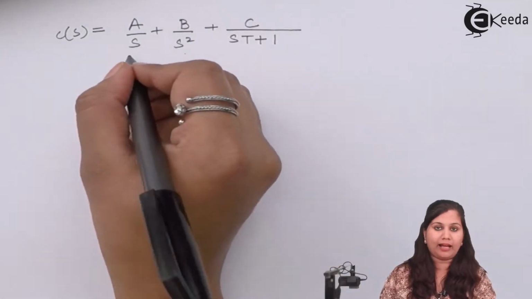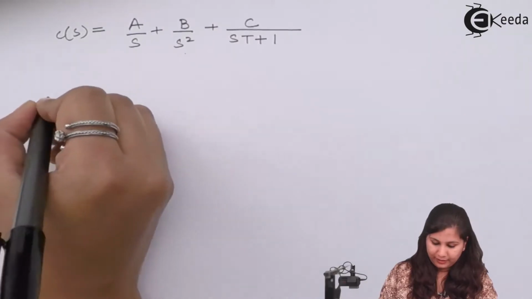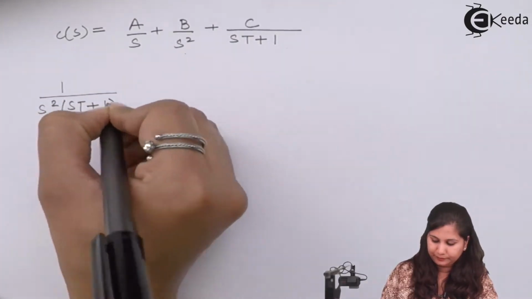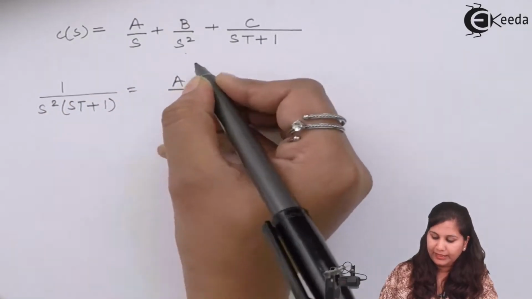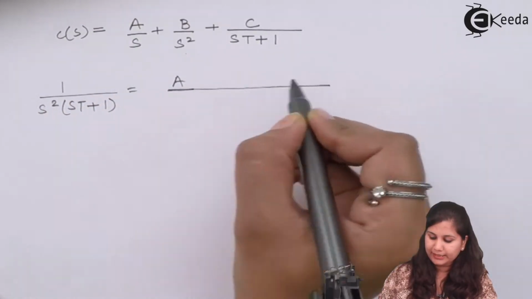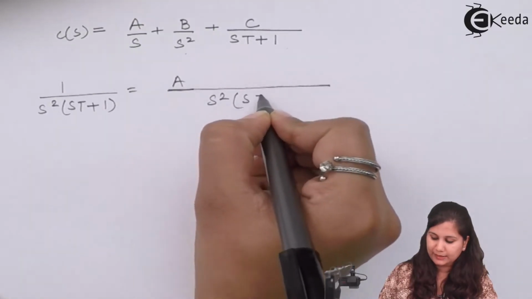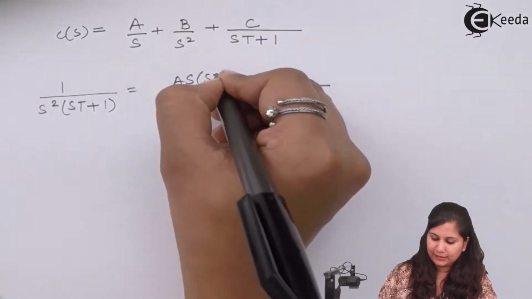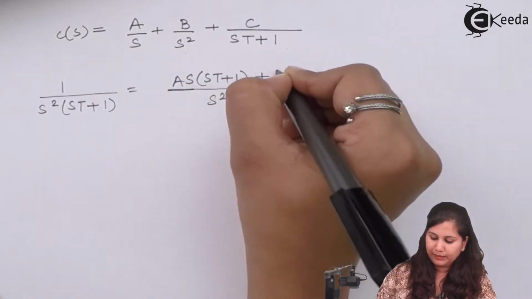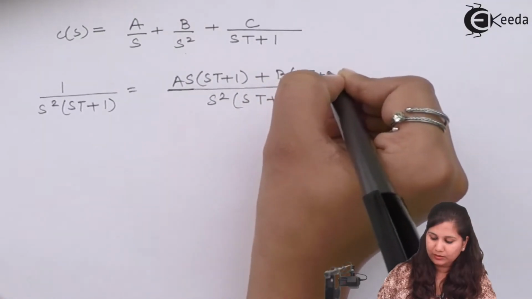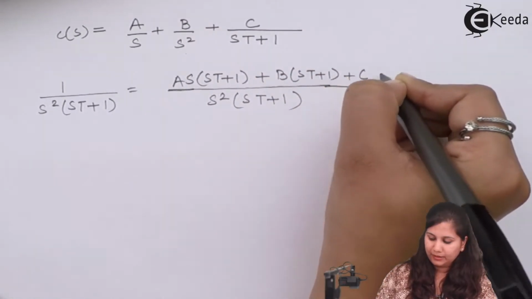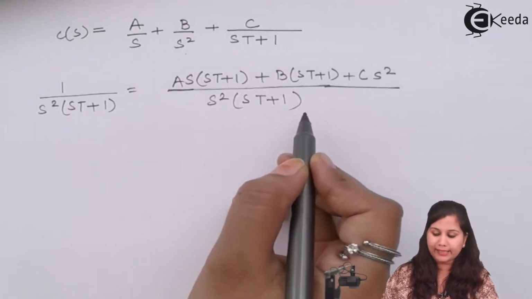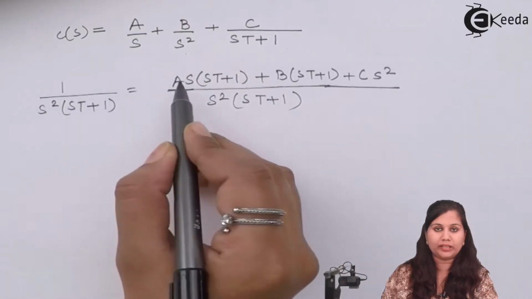Now we can get the values of A, B and C. We will equate this. If we take the LCM, it will be s square (sT plus 1). So we multiply: A s (sT plus 1) plus B (sT plus 1) plus C s square. Now the denominators are the same, so we equate the numerator parts.